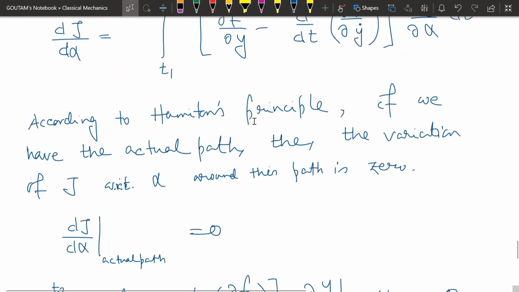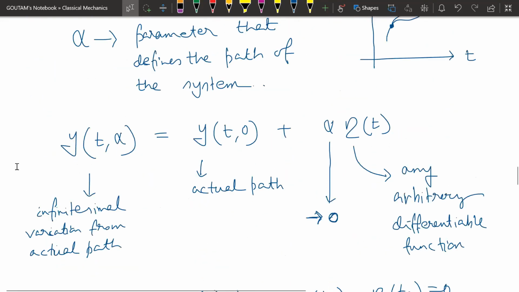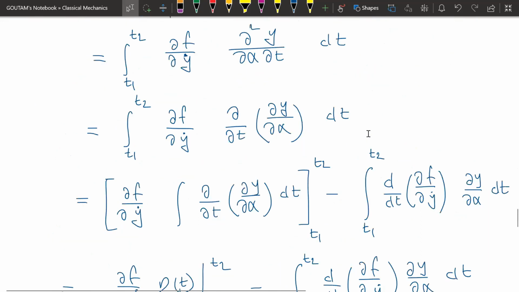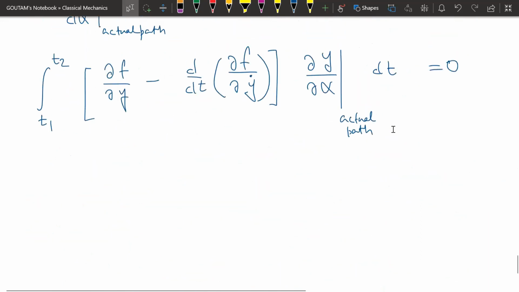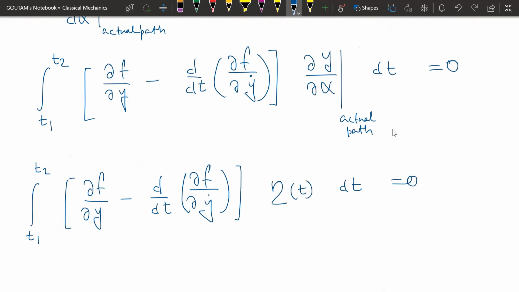If we look at the expression of y again, del y del alpha around the actual path will be eta, this eta t. That means integral from t1 to t2 of del f del y minus d/dt of del f del y dot, times eta t, dt equals 0.